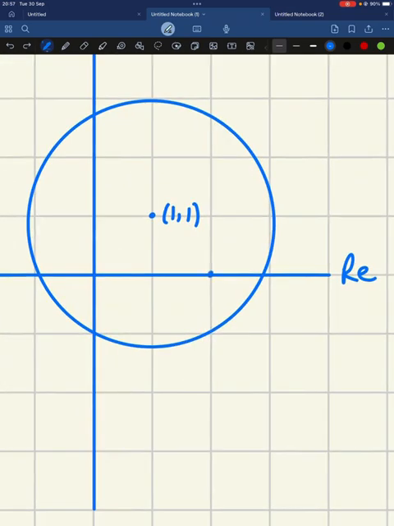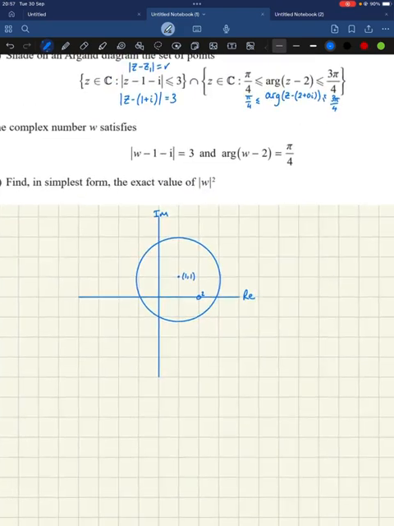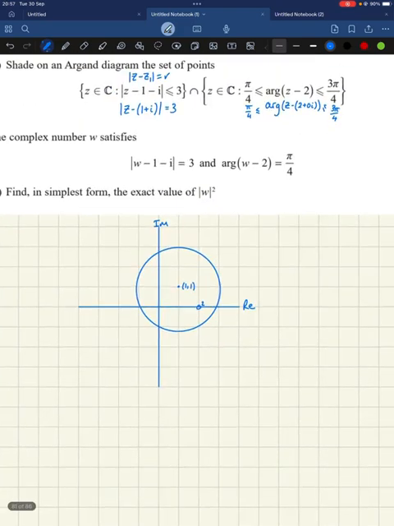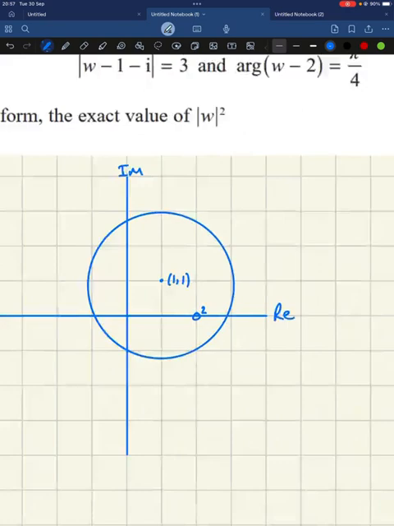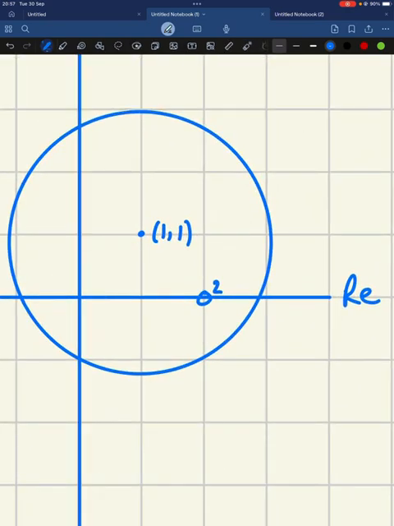So if this is 1, we'll say this is 2 over here, so an open circle at 2, and we have solid lines. An angle of pi by 4, so 45 degrees.